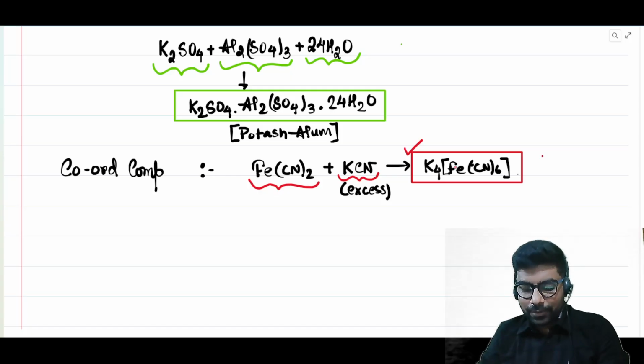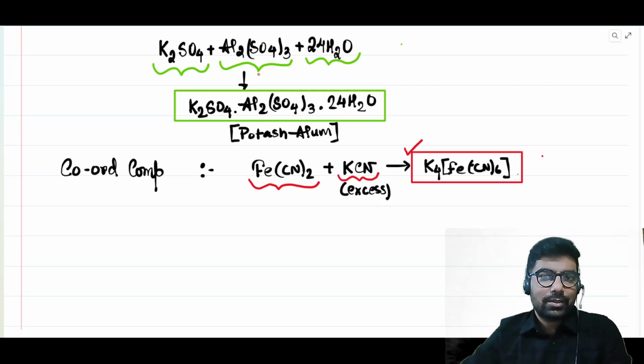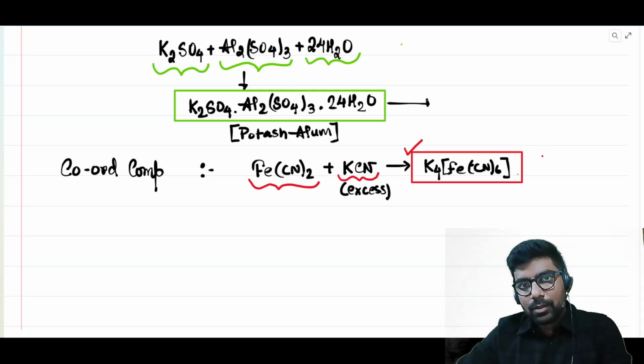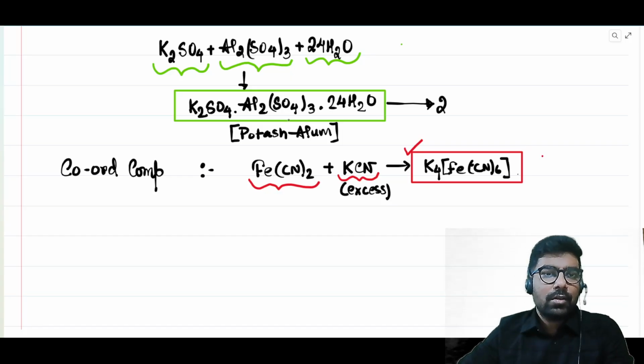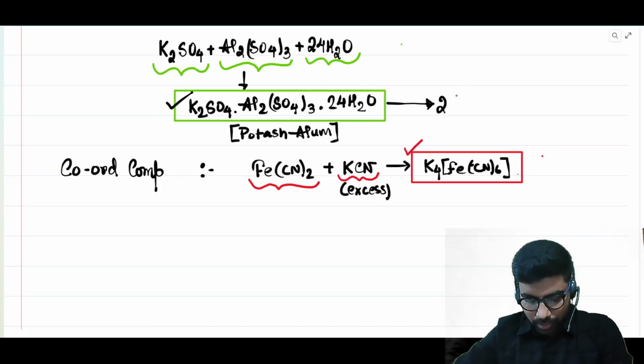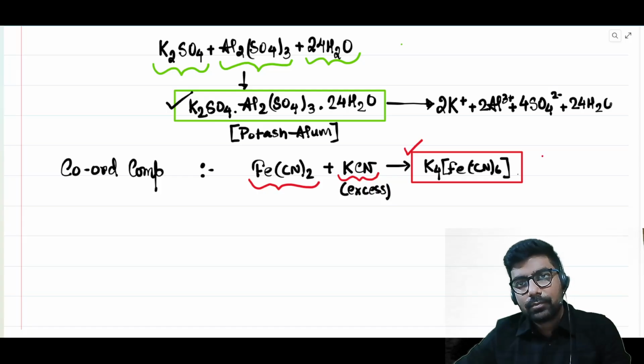So now, what is the difference between the double salt and the coordination compound? The basic difference is that when a double salt is dissolved in water, it will dissociate into all the constituent ions. If potash alum dissociates in water, we will get 2K+ plus 2Al3+ plus 4 sulfate ions plus 24H2O, right?